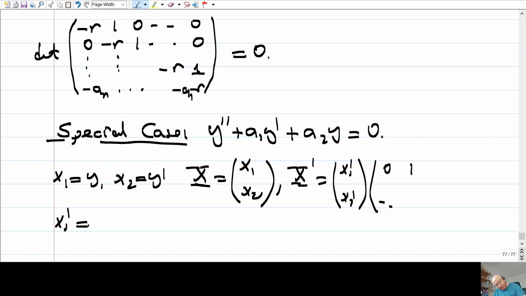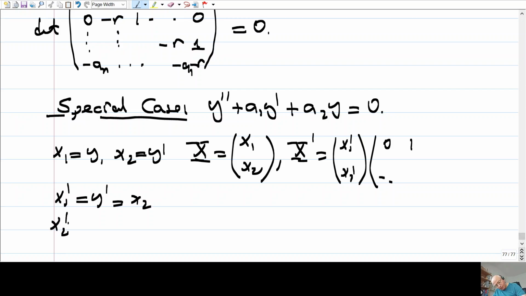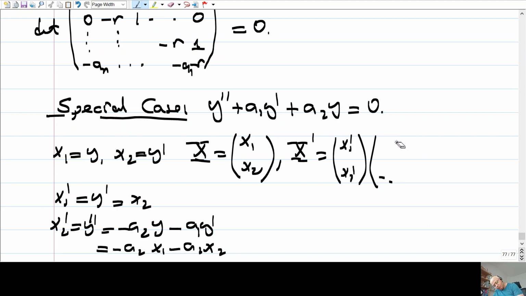Şimdi x1'in türevi nedir? Y'nin türevi yani x2. x2'nin türevi nedir? Y double prime. Y double prime da nedir? Eksi a2 çarpı y eksi a1 çarpı y prime yani eksi a2 çarpı x1 eksi a1 çarpı x2. Dolayısıyla da bu şuna eşit. Şurası da x2 idi. Yani bu 0, 1. Burası da eksi a1 eksi a2 x1 x2.